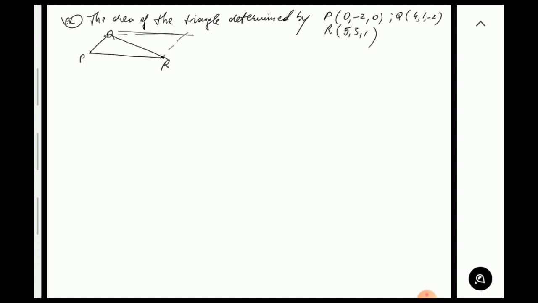Notice that if I come up with two vectors starting from the same point, doesn't matter which, I chose, for example, PQ and PR, then I can form a parallelogram, and the area of the triangle PQR is going to be half of the area of the parallelogram.